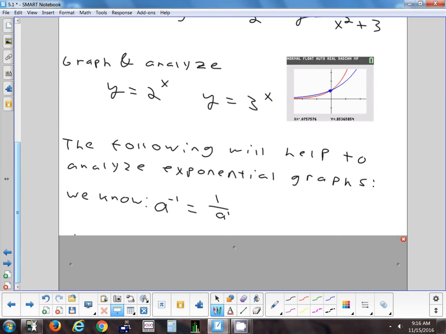So what if I had something like x to the negative 3? How could I turn that into a positive exponent? 1 over x to the third. A lot of times it's helpful to get rid of the negative exponent, just so we don't have to think about negatives.